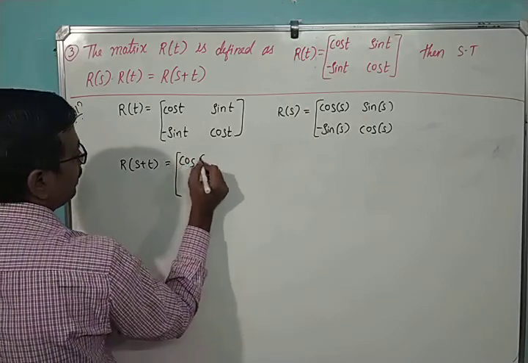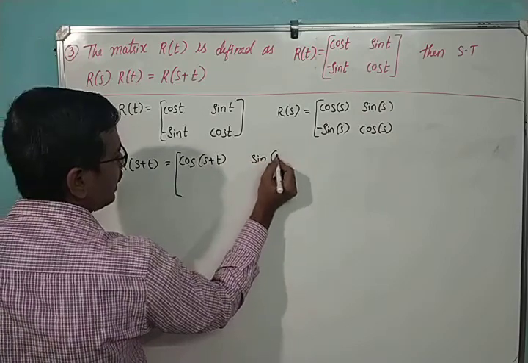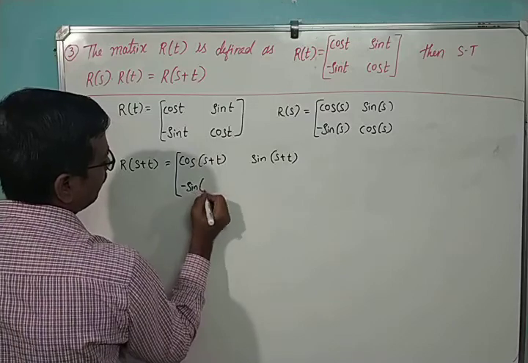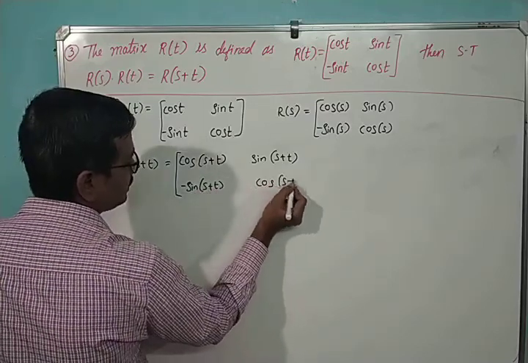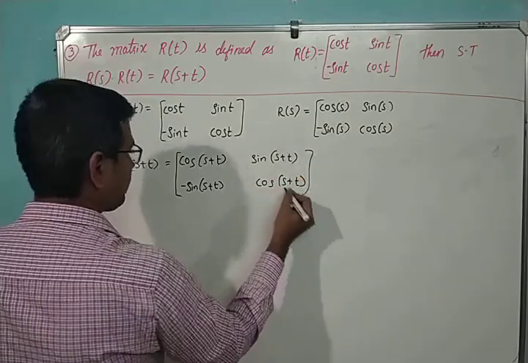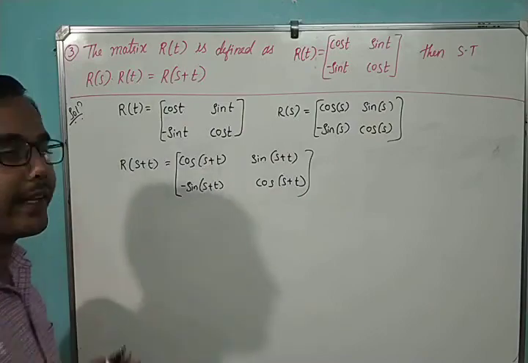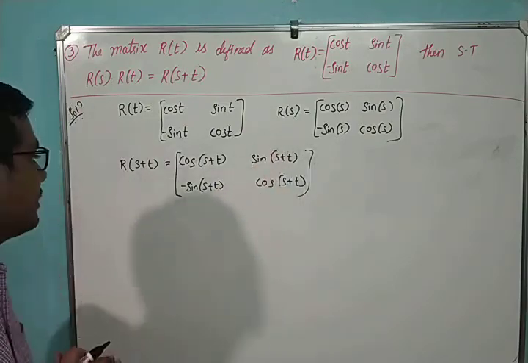Cos of s plus t, sine of s plus t, minus sine of s plus t and cos of s plus t. These things are for your remembrance, right? So there's no need to write everything everywhere. If you remember this one, it is more than sufficient, right?